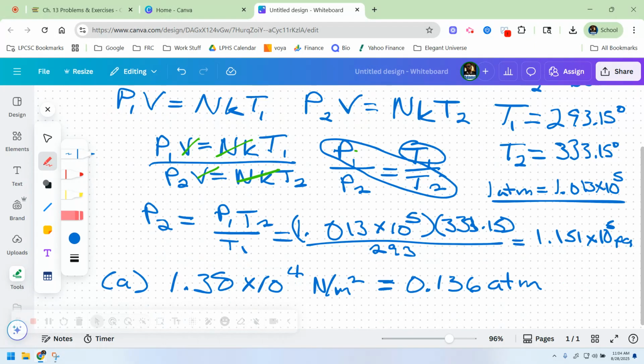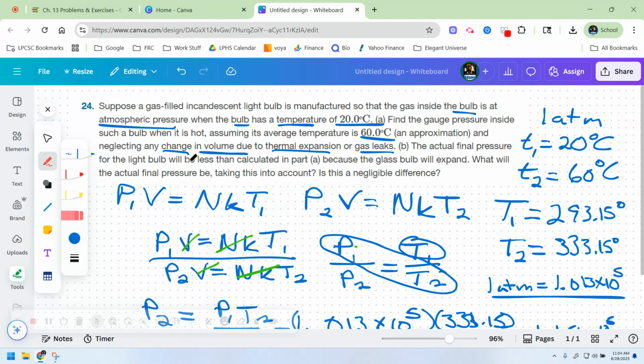So let's reread that to make sure we're answering the question. So B, let's reread the question, make sure it makes sense. Suppose a gas-filled light bulb is manufactured so the gas inside is at atmospheric pressure when the bulb has a temperature of 20 degrees Celsius, which is like room temperature.